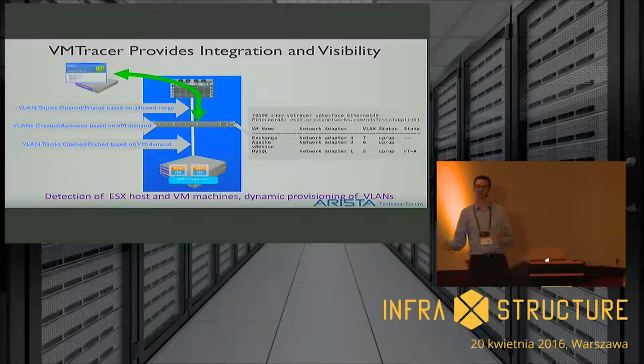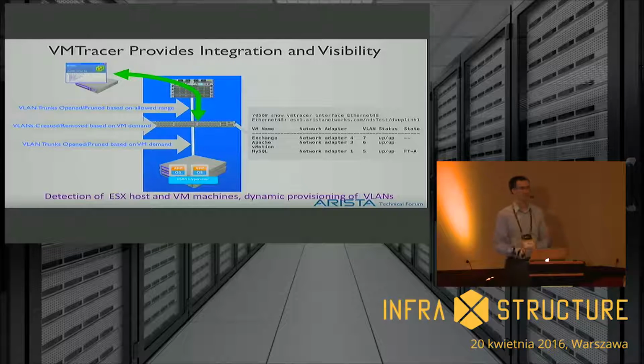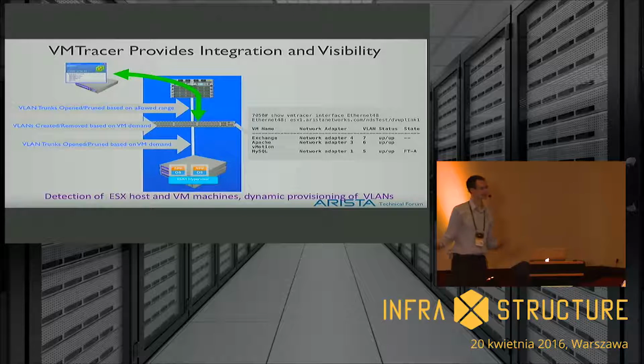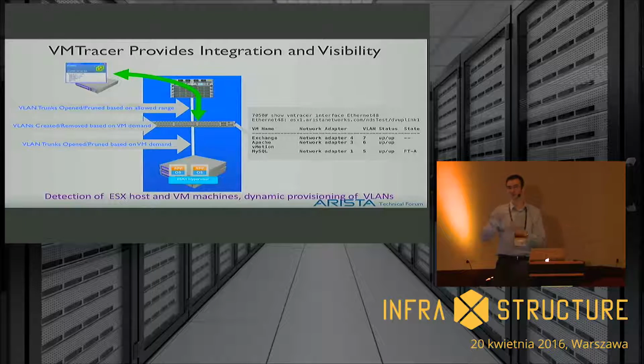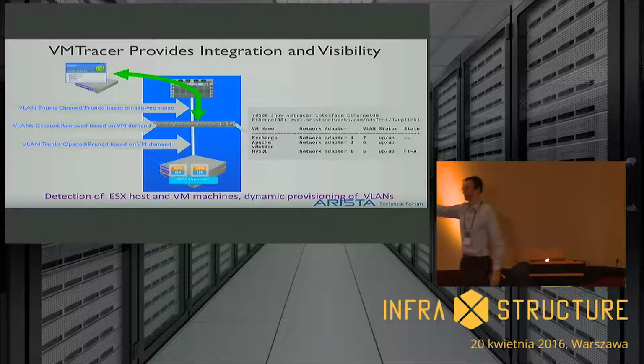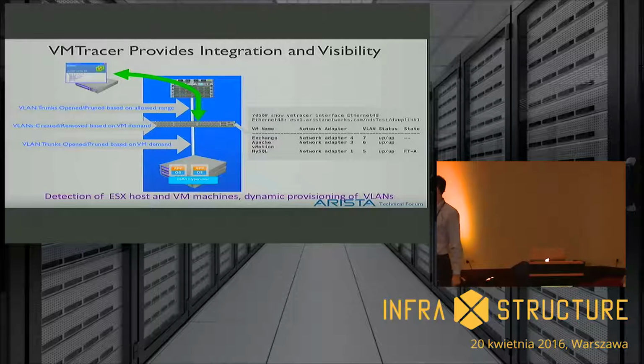So when someone raises a ticket, for example, "This customer is complaining about the Exchange server not working", instead of asking what's the IP address, what's the MAC address, maybe the client doesn't know, and having to communicate with the virtualization team, the server team, to find where that server is, you know directly that the Exchange server is on this VM, has got a vNIC, and is on VLAN 7, which would be port group 7, for example, with VMware.